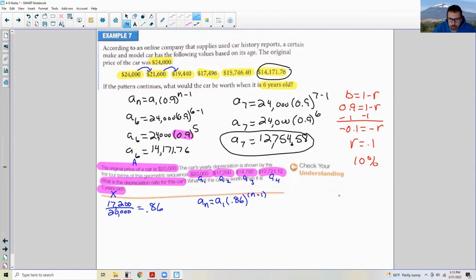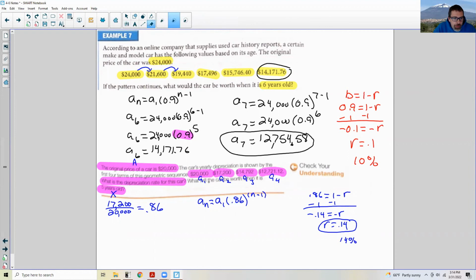Okay, and since 0.86 equals 1 minus r, and I subtract 1 from both sides, I'm going to get negative 0.14 equals negative r. So r equals 0.14. Okay, so there's our r, 0.14. Okay, so that is a 14% depreciation rate. All right, so that's that piece.